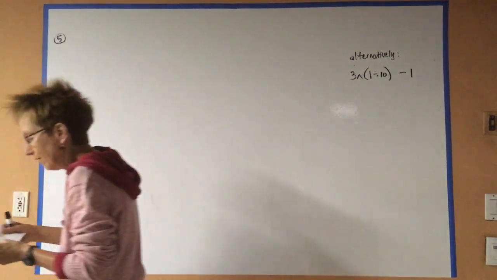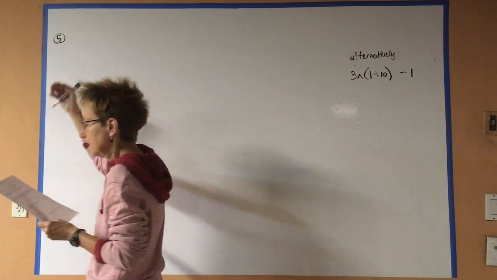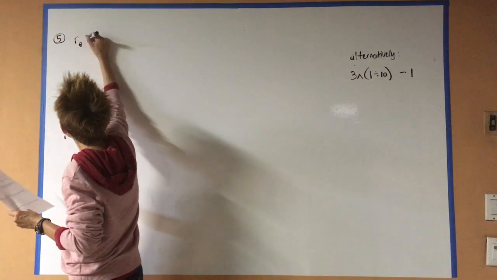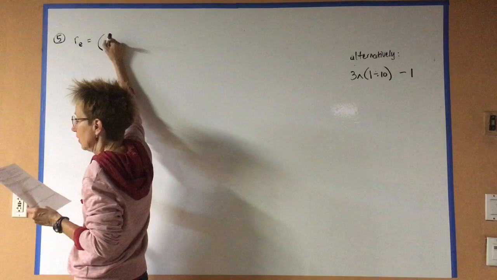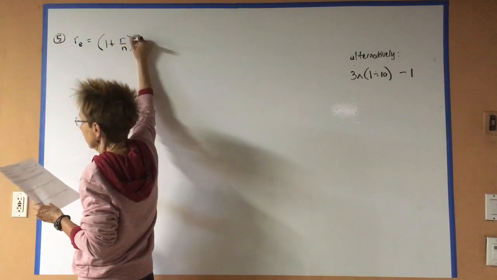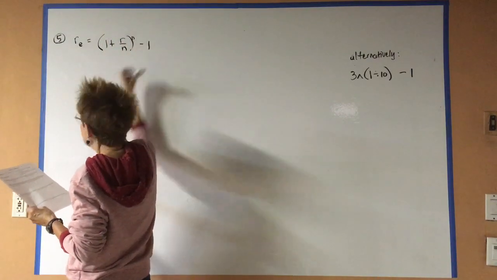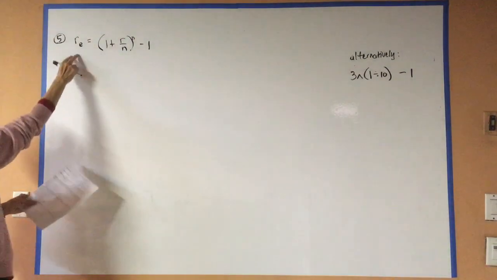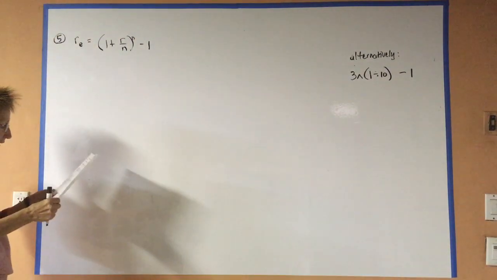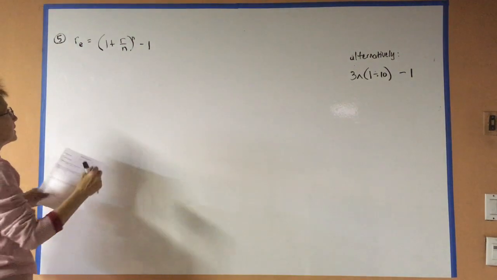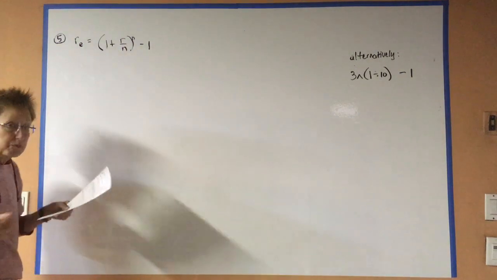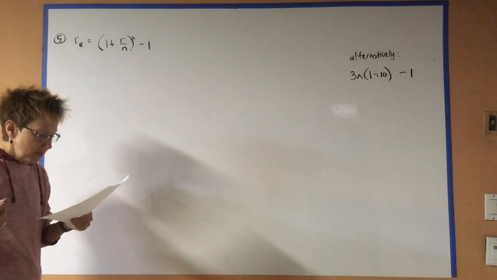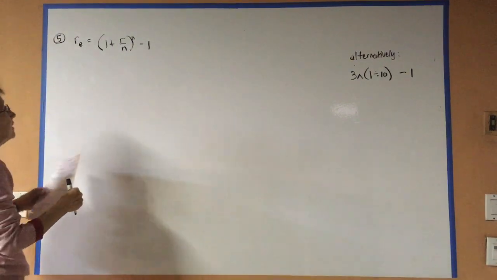So this is compounded monthly, which means that I'm going to be using the formula, the effective rate of interest is equal to 1 plus R over N, all to the nth power minus 1. So they're telling me that they want me to find the effective rate of interest if the R is 6% and it's compounded monthly.